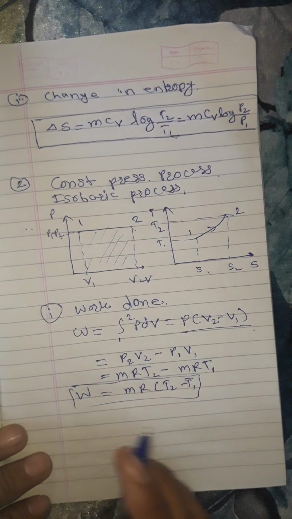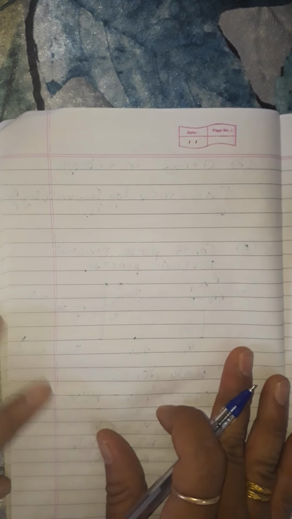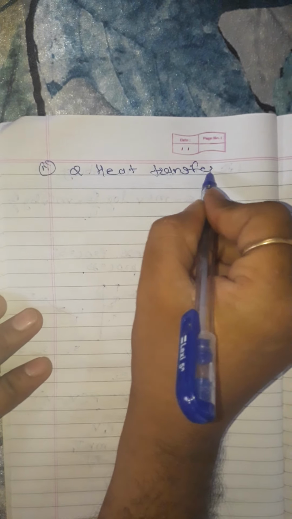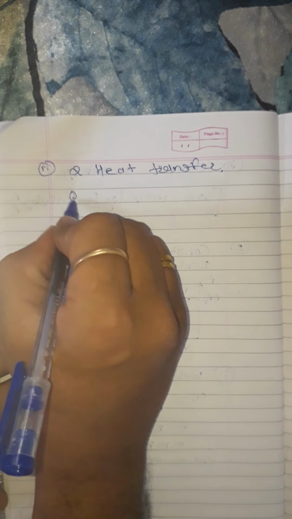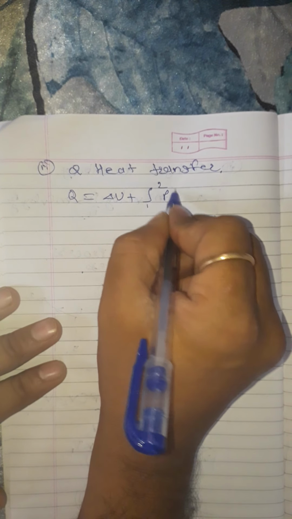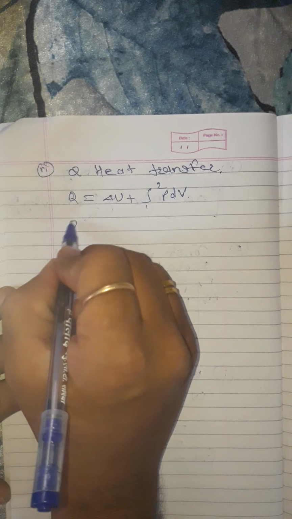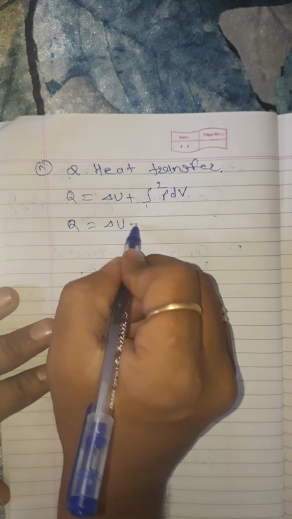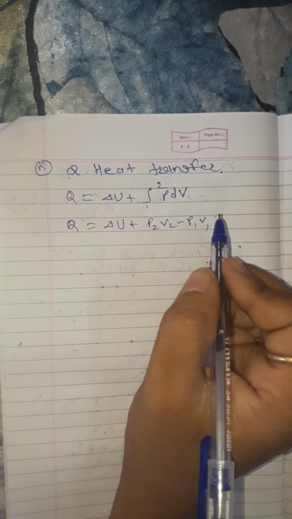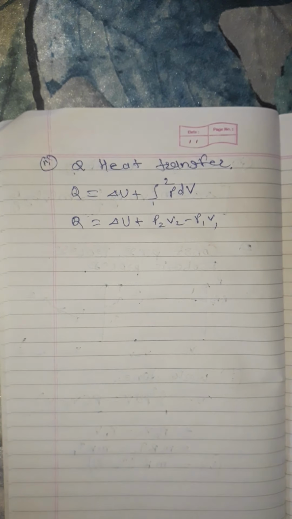Next, on a fresh page, the second point is to find Q, that is heat transfer. We have the formula Q is equal to delta U plus the integral from 1 to 2 of PdV. Then Q is equal to delta U plus P2V2 minus P1V1, and we already have this formula.